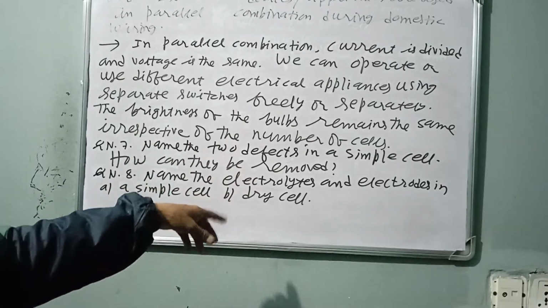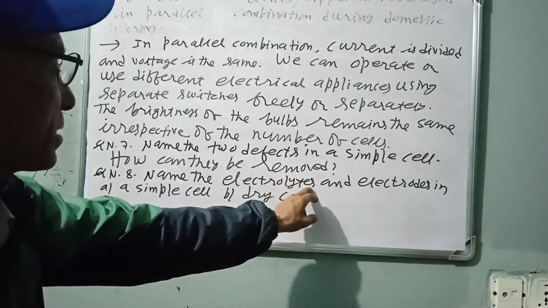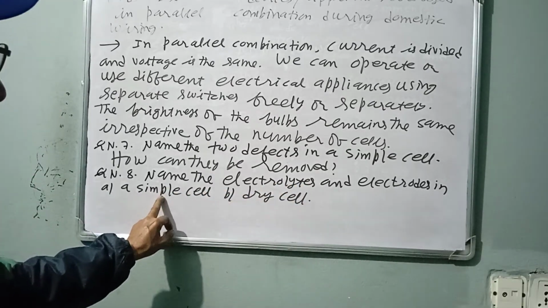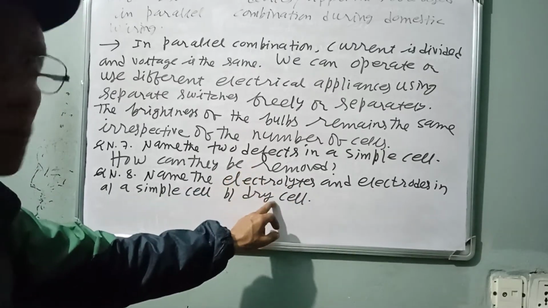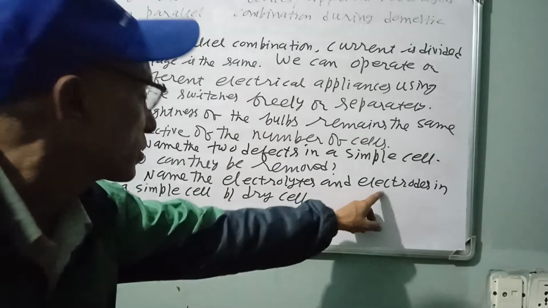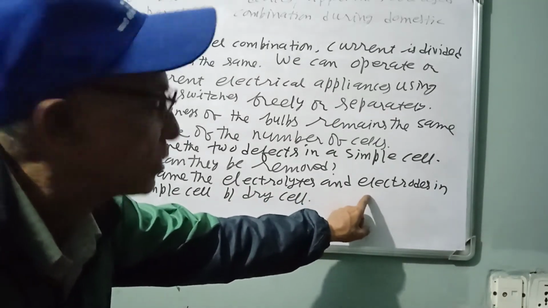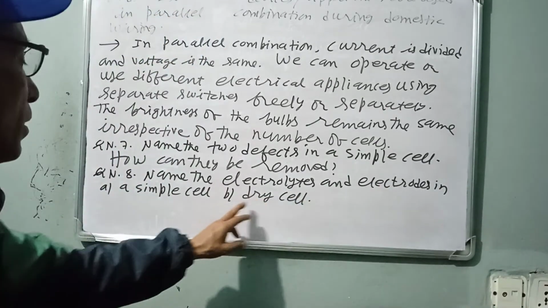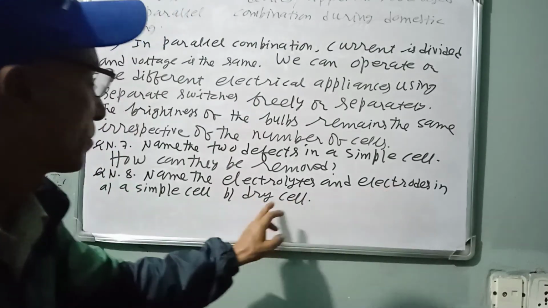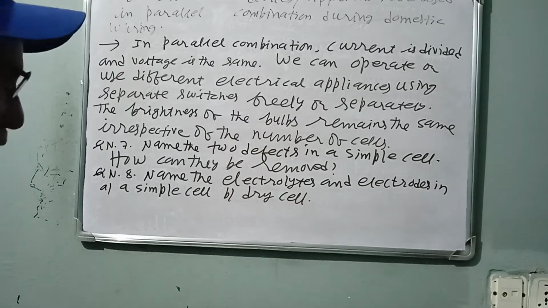already. You have already written the answer. The electrolytes, first of all, simple cell electrolyte sulfuric acid, dry cell ammonium chloride. Now electrodes in a simple cell, copper plate positive, zinc plate negative. Dry cell electrode, dry cell zinc case negative and carbon rod positive.